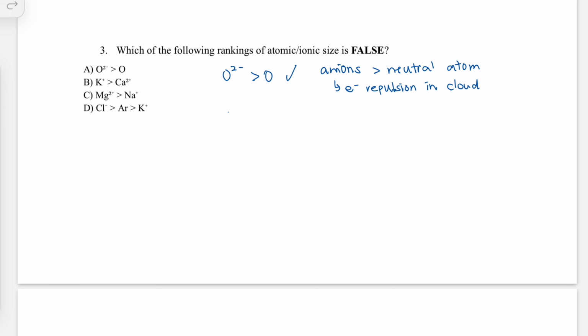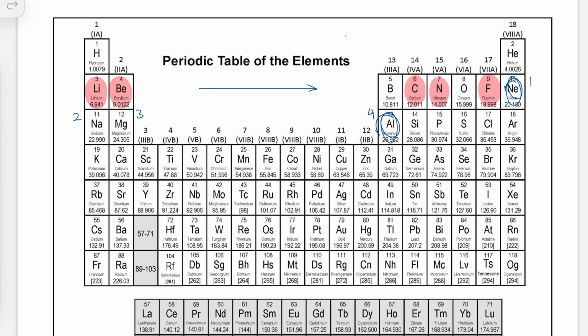Next, K plus is greater than Ca2 plus. Let's look at our periodic table. Ca is here, K is here. If it's K plus and Ca2 plus, then they have the same number of electrons as argon would have, so they're isoelectronic.